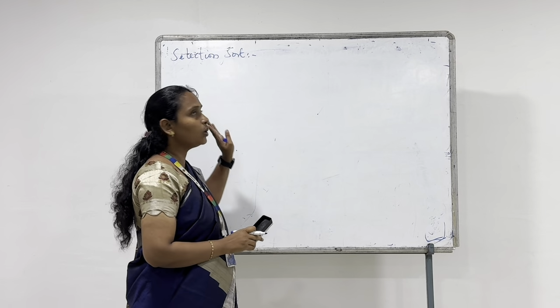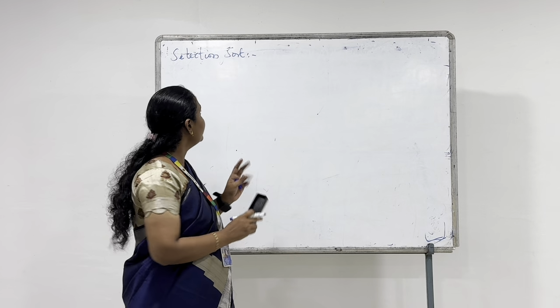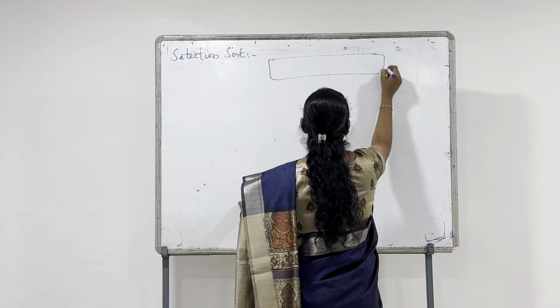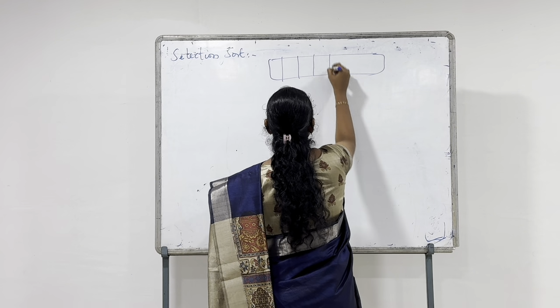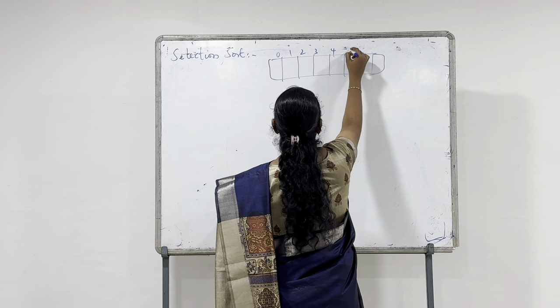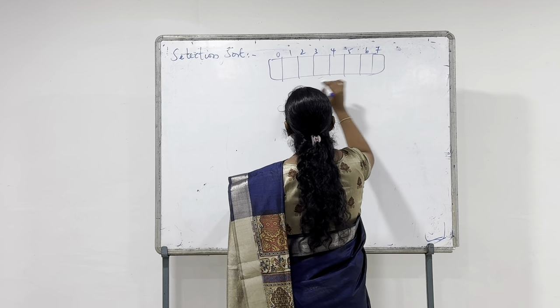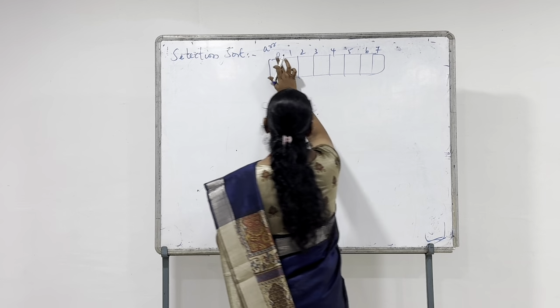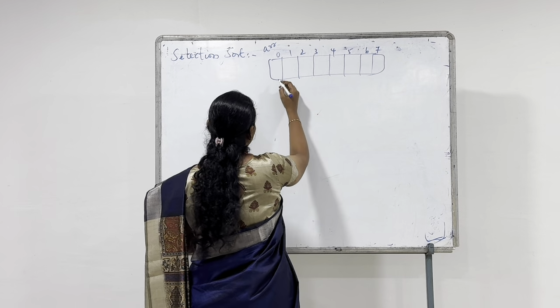Selection sort is a sorting algorithm, and in it we take an array of elements. This is an array ARR of 8 elements, starting from index 0 to 7.